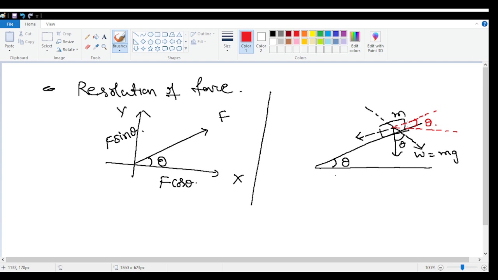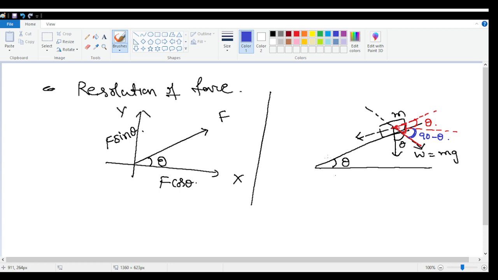This line and this line are perpendicular, so the angle between them is 90 degrees. If this portion is theta, then what about this small portion? This value is equal to 90 minus theta. Are you getting it or not?